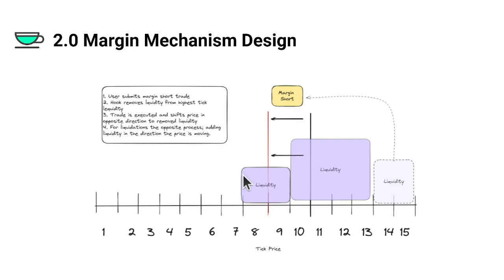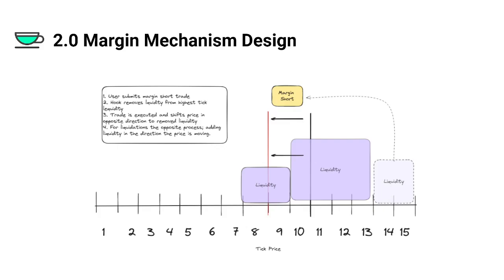For the margin mechanism design, let's say we're going to do a margin short position. We know that a short position will reduce the price and shift the price this way. The hook keeps track of where the liquidity is and which ticks it's in.